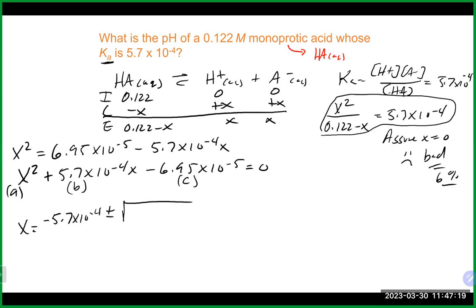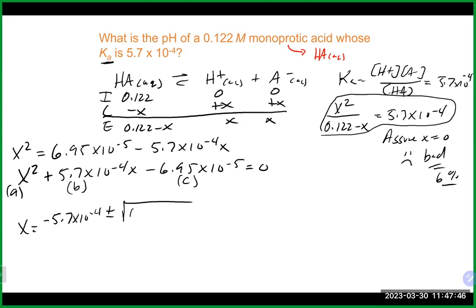If you take care of everything inside the square root there, that's going to be b squared minus 4 times a, which is 1, times c, which is minus 6.95 times 10 to the minus 5.